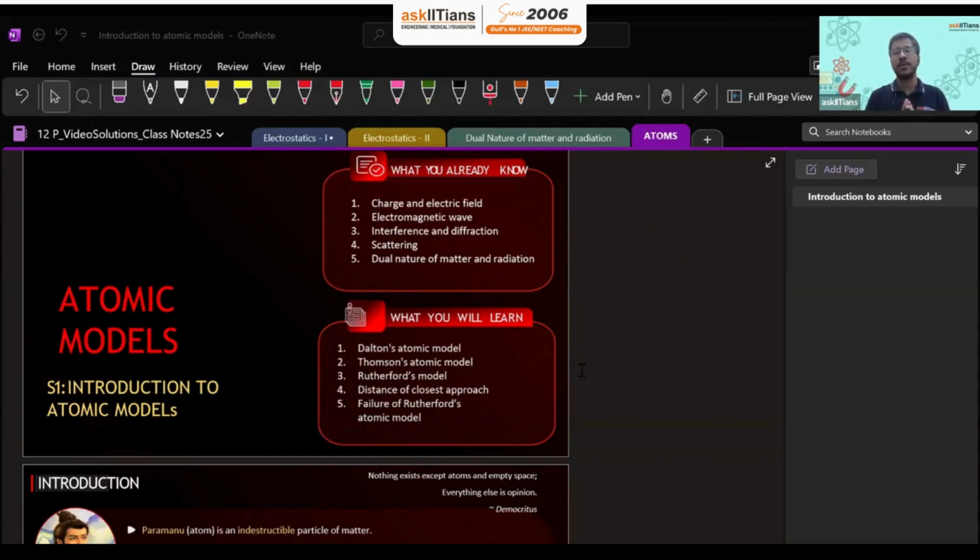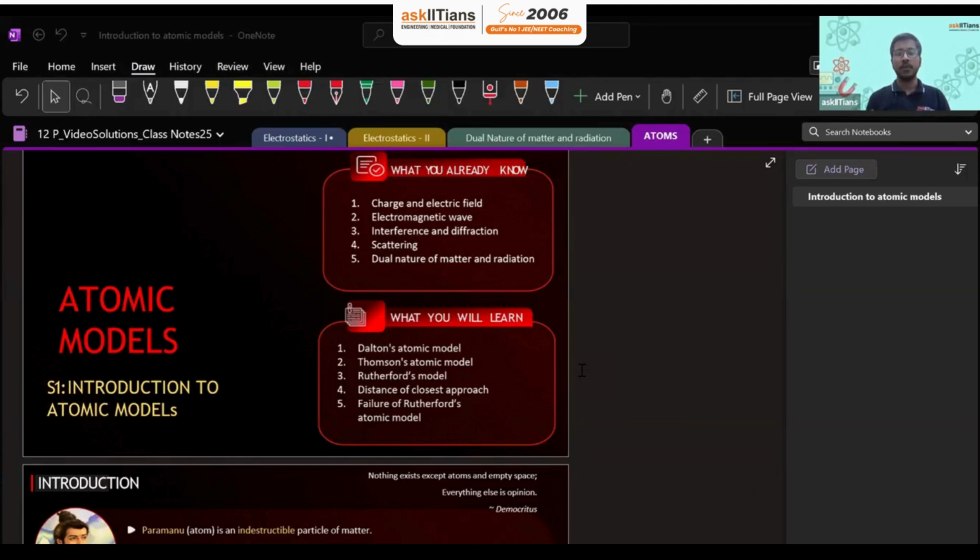Although you have studied certain models in your lower grades, in chemistry also, like Dalton's atomic model and Thomson's atomic model, we will have a brief overview of those models as well.